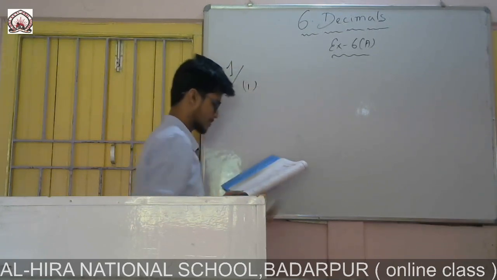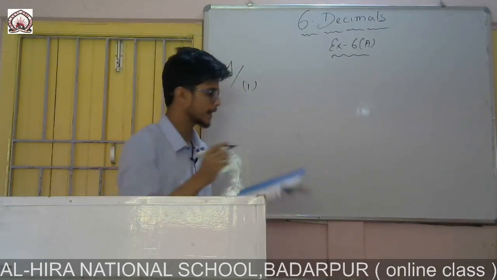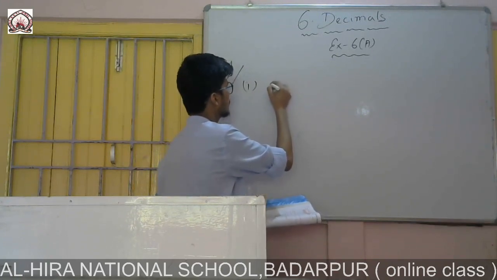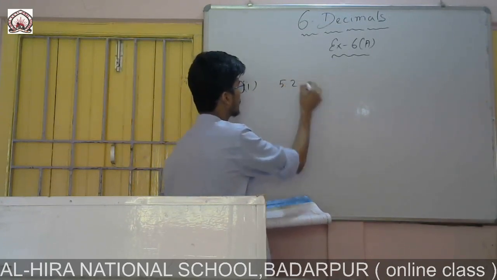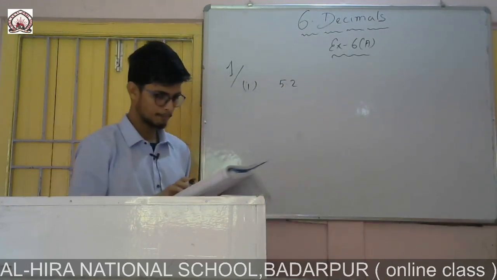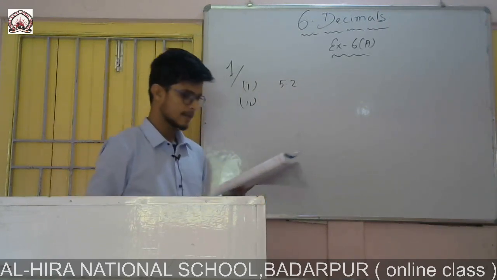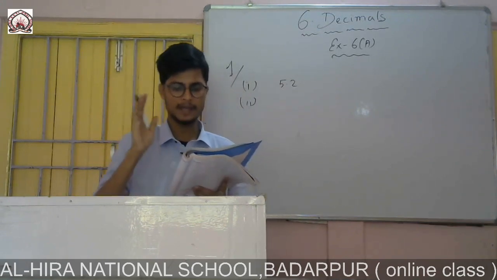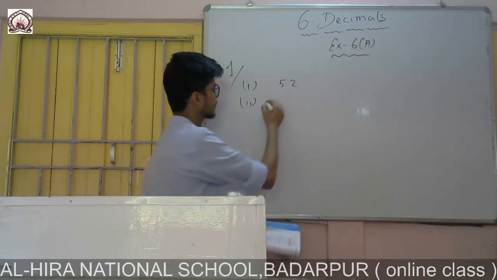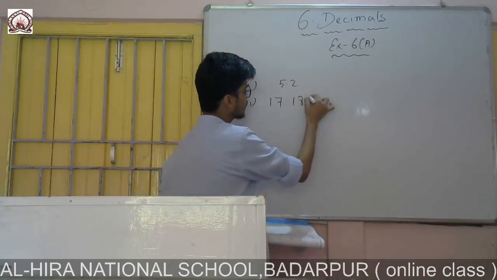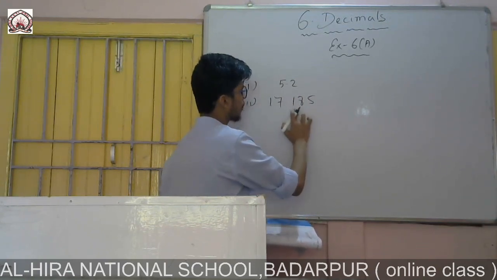Roman number 1, you see it is given 5.2. That means the answer will be equal to 5.2. I am writing only the answer, 5.2. Roman number 2, you see it is 17.185.